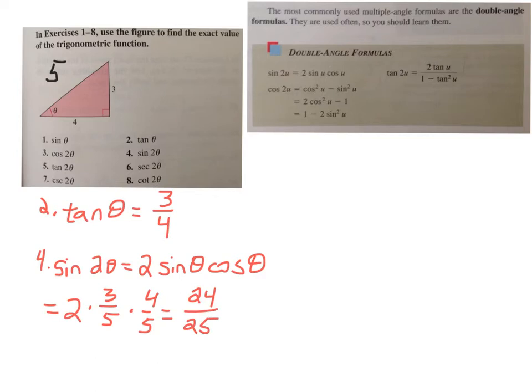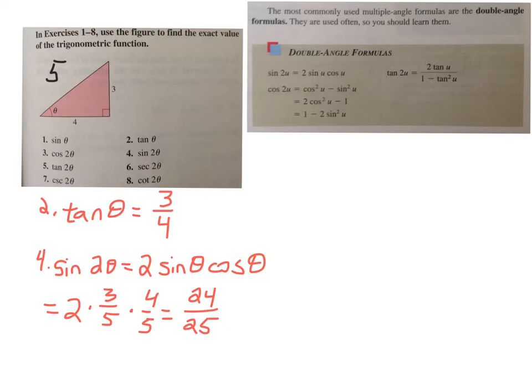The way I'm going to do 6 and 8 is to find the reciprocal of secant and cotangent, and then take the reciprocal of that answer. So the reciprocal of secant is cosine.